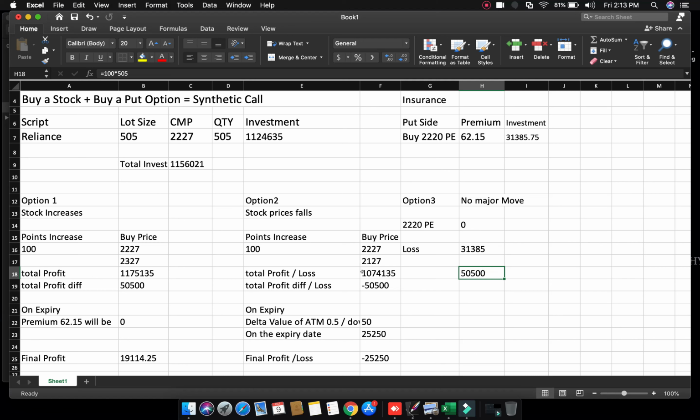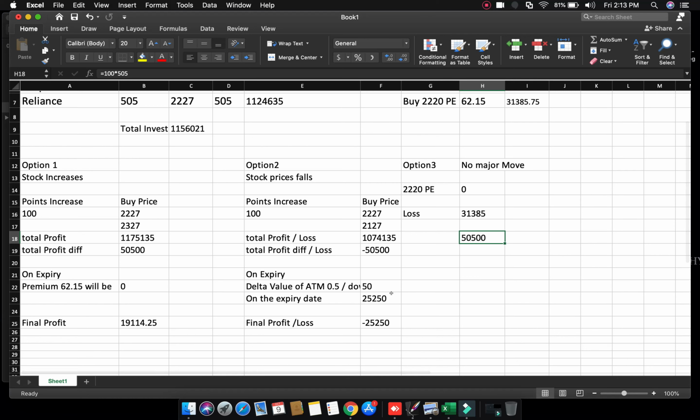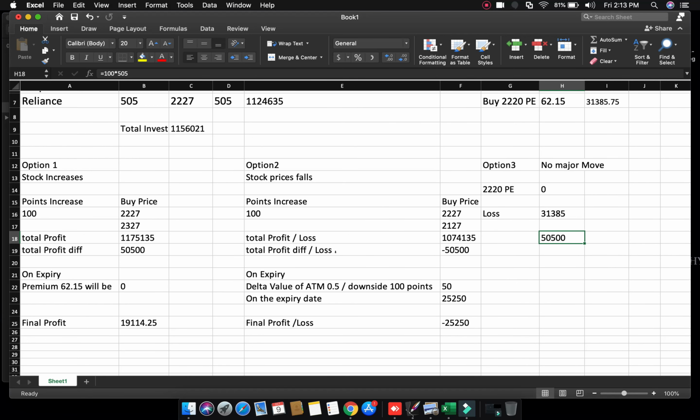So your current total available balance will be somewhere around 10 lakh 74,000. On an expiry day, since the market is falling down, we will not wait till expiry. Once your target is hit, we will try to close the position.